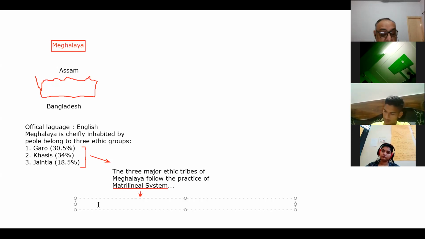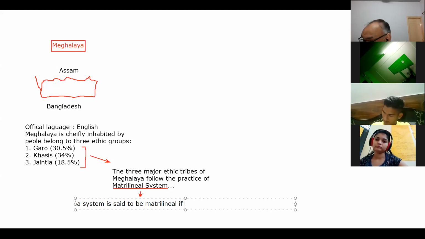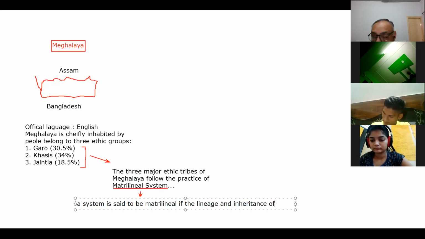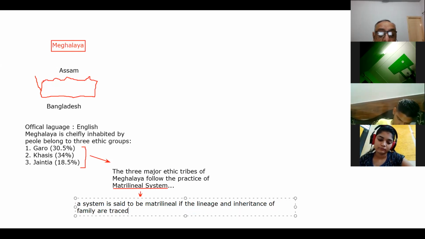A family system is said to be matrilineal if the lineage and inheritance of family property are traced through women. So that society is called a matrilineal society, right?